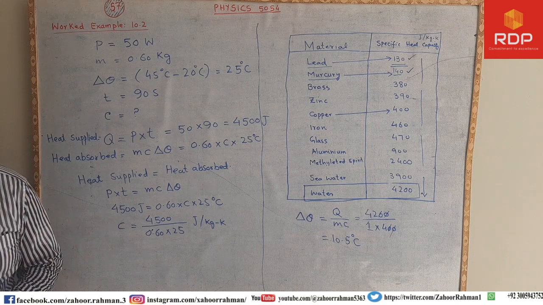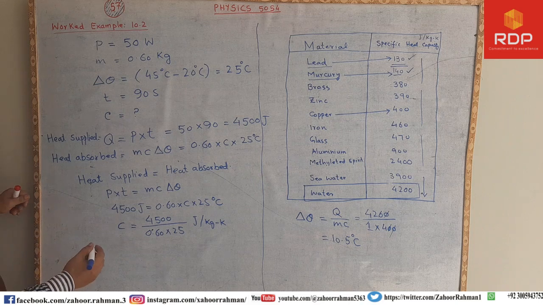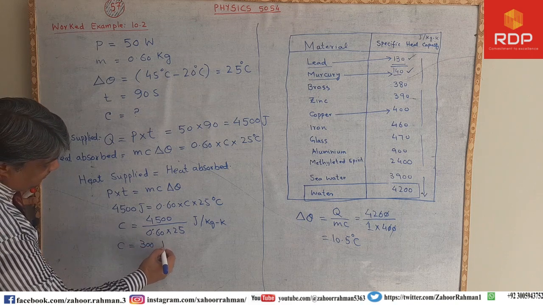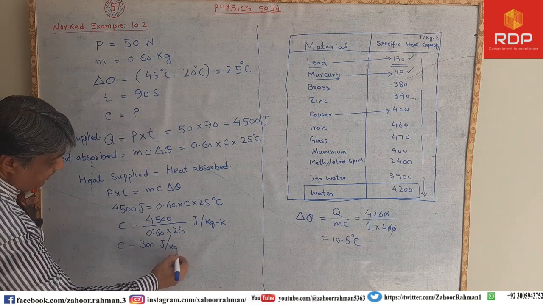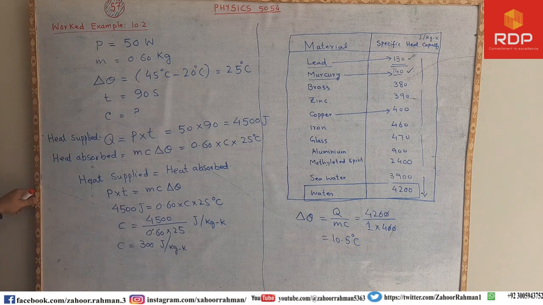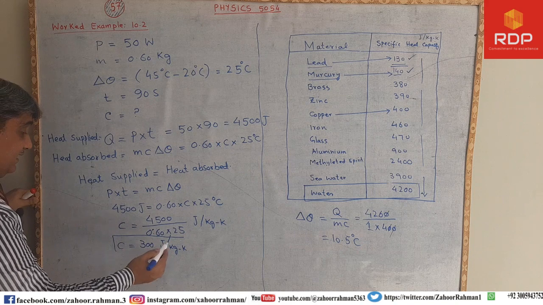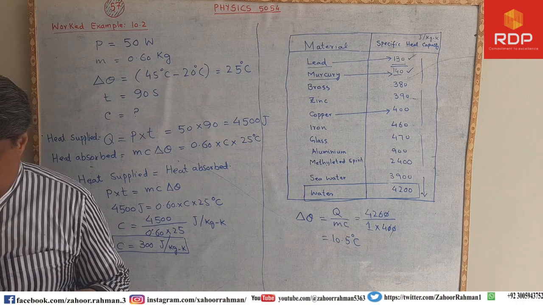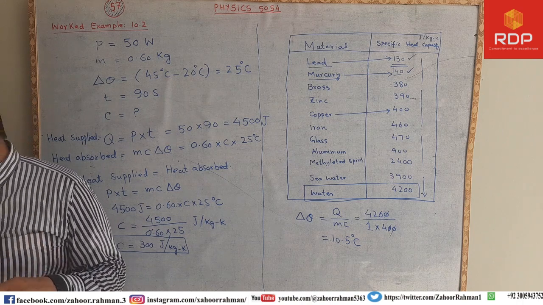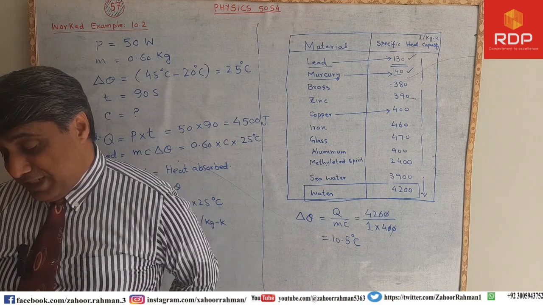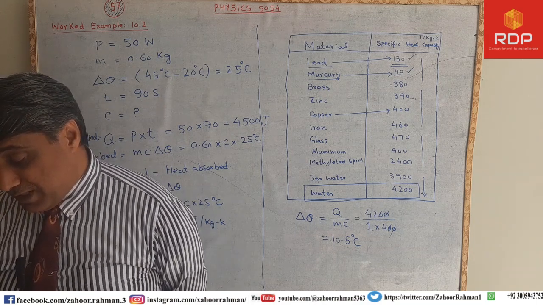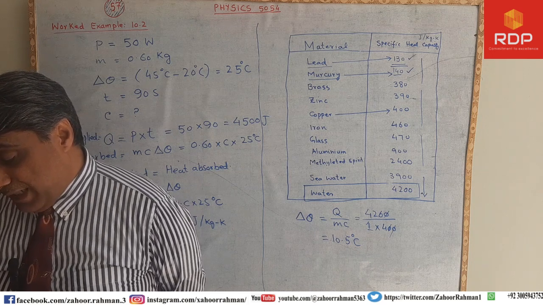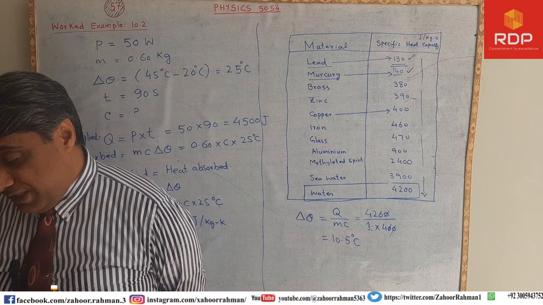And when we calculate it, we will get 300. c is equal to 300 joule per kilogram per Kelvin. And that is the ultimate answer of this question. Hence the specific heat capacity of the metal is 300 joule per kilogram per degree Celsius.